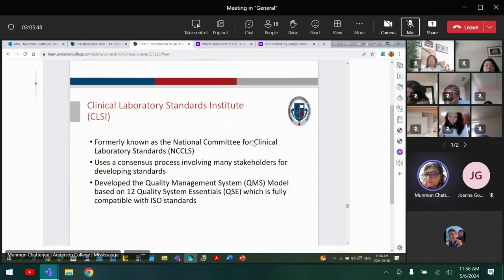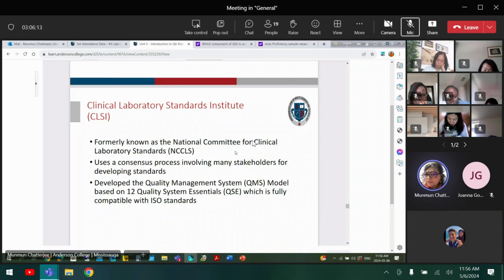Clinical Laboratory Standards Institute, this is also CLSI. Formerly, it was known as the National Committee for Clinical Laboratory Standards, NCCLS. Hard to remember, but the Clinical Laboratory Standards Institute uses a consensus process involving many stakeholders for developing standards.